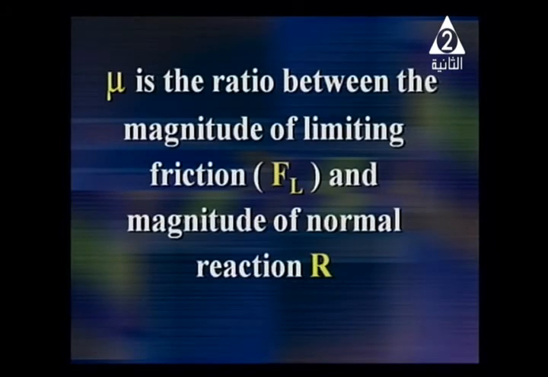But when a force acts on the body, a friction force appears. This friction force is called the limiting friction force. R dash, the resultant of the normal reaction and friction, equals the square root of R squared plus F squared. Mu is the ratio between the magnitude of the limiting friction and the magnitude of the normal reaction R or N.